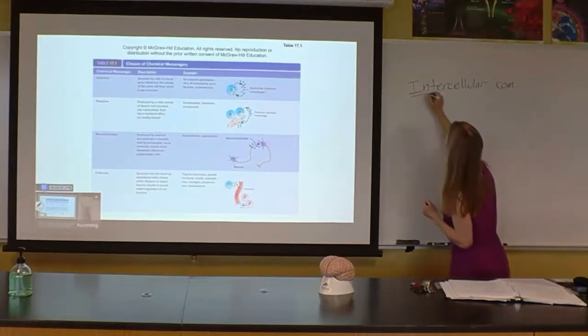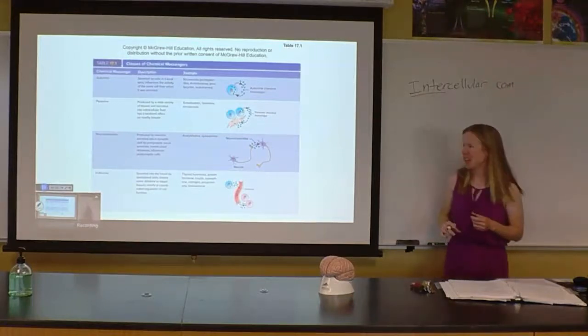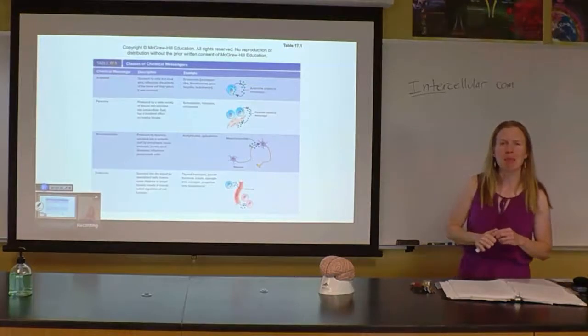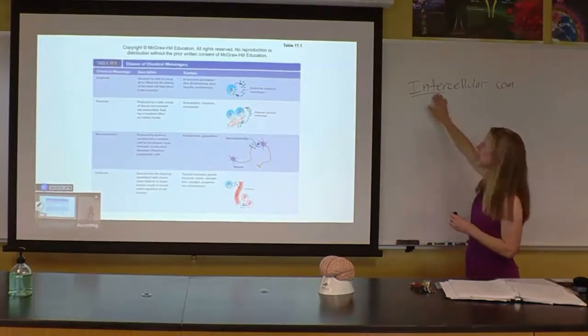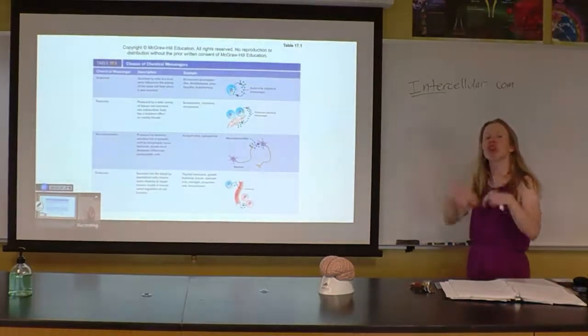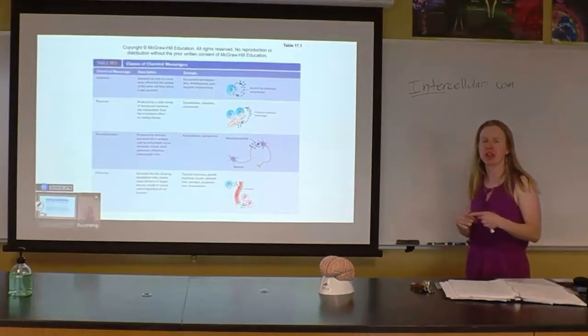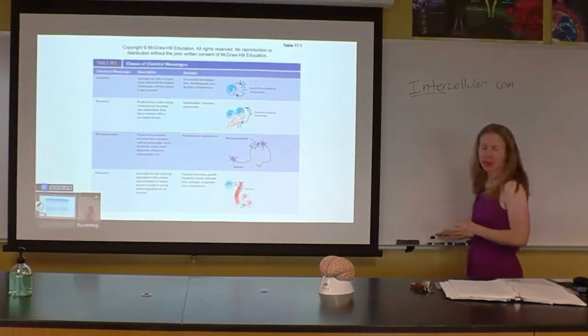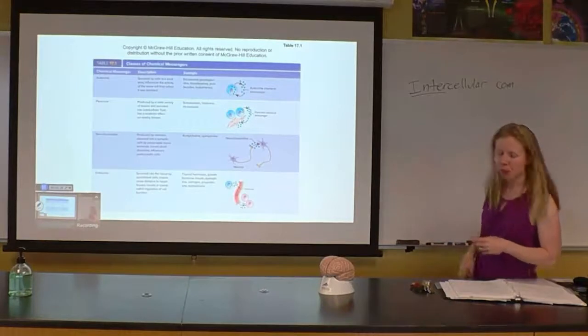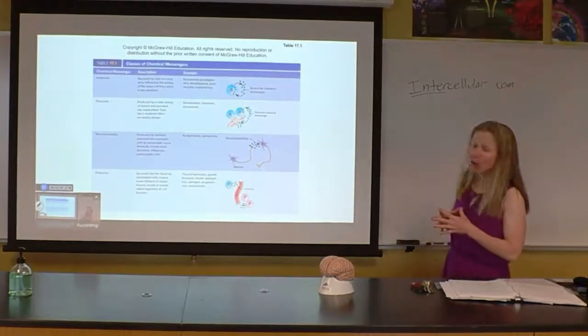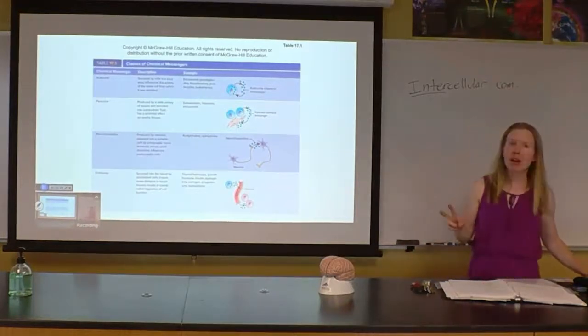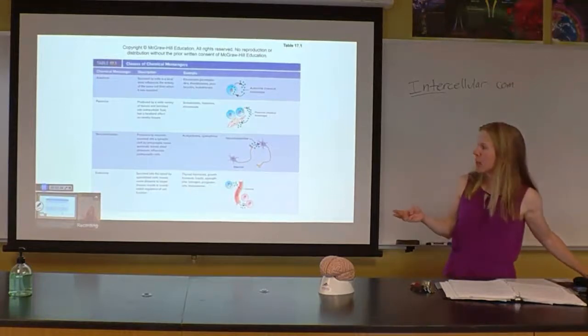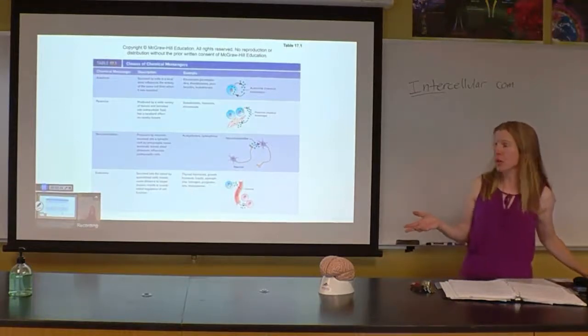I'm only writing this up here to remind you, if you took medical terminology, hopefully that was inter is between. Intra would be within a cell. Intercellular communication means between different cells. Okay? And so we have four different kinds here. Autocrine, paracrine, synaptic transmission, and then endocrine transmission.